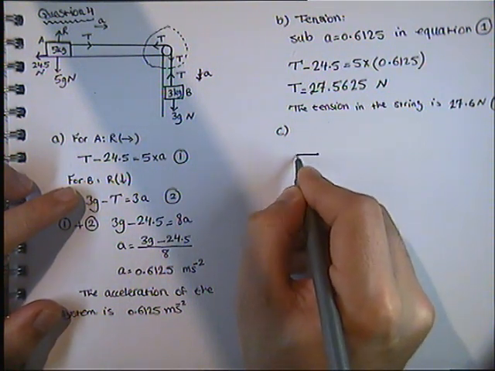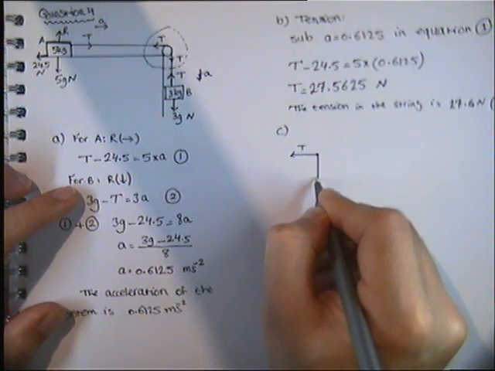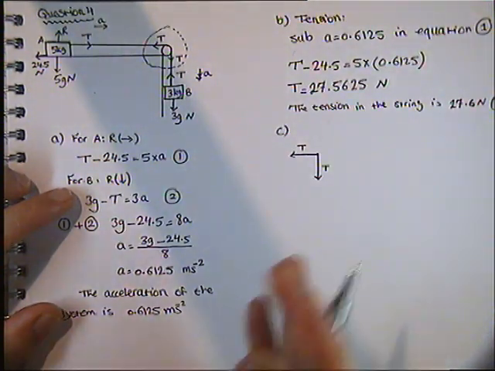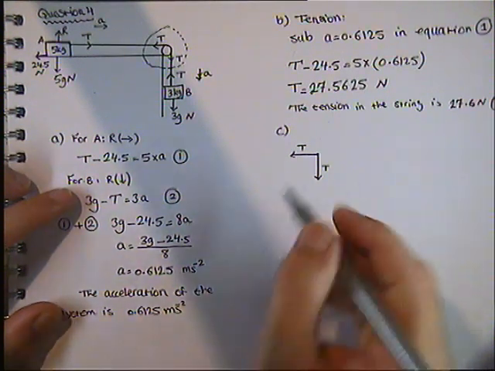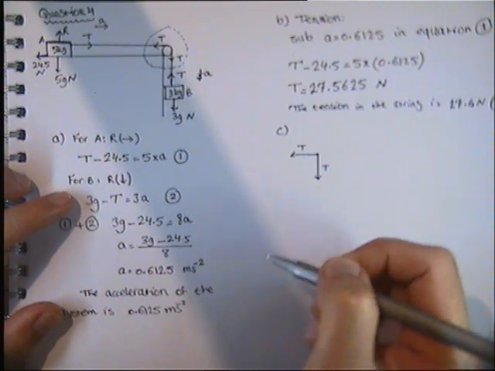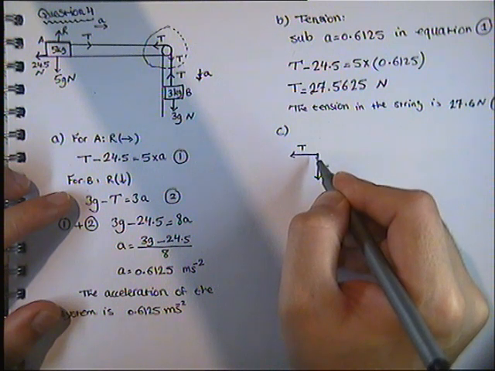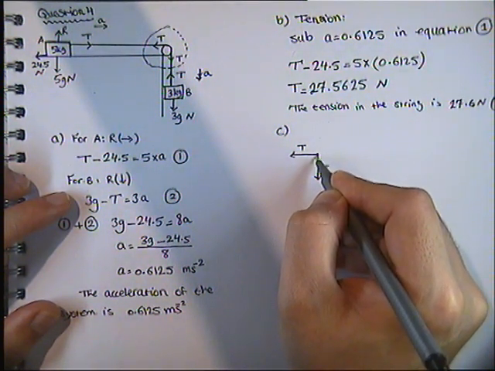So there is T in this direction and T in this direction. These two T's are making a right angle. So the sum of these two forces is the force acting on the pulley. To find the sum of these two forces, we can use vectors.